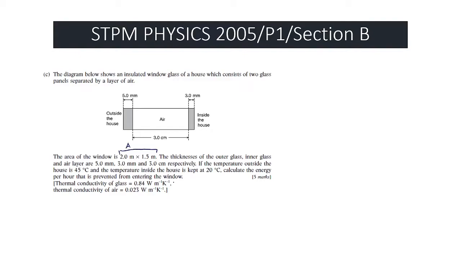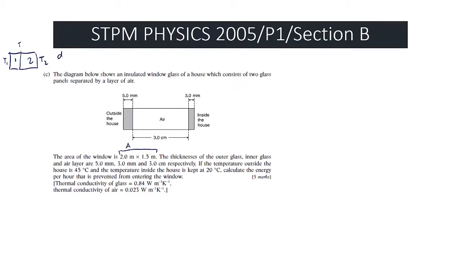So I think I will start by deriving the equation used for this question. Let's consider two layers, layer 1 and layer 2. Here we have temperature T1, in the middle we have a temperature T, and finally at the end we have T2.